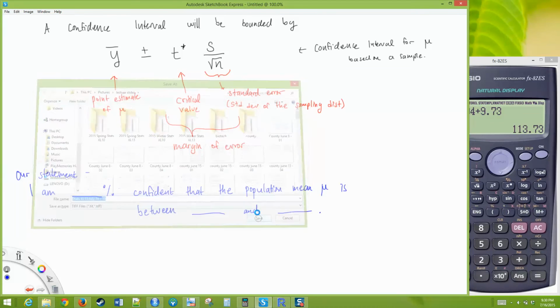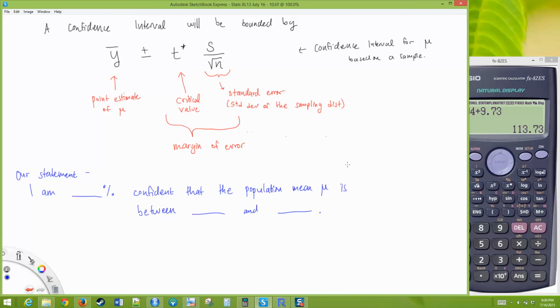Again, all of these things are determined by your equation for the confidence interval.